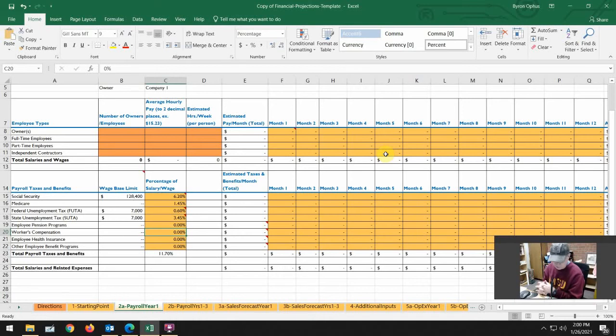If your business was a lawn mowing business, for example, you're not going to have a lot of payroll during the wintertime, unless maybe you switch over to snow shoveling in the winter. But even then, you'd probably have some gaps in the fall and in the spring when you weren't busy doing either. So we can make those kinds of adjustments in these gold cells here, depending on our type of business.